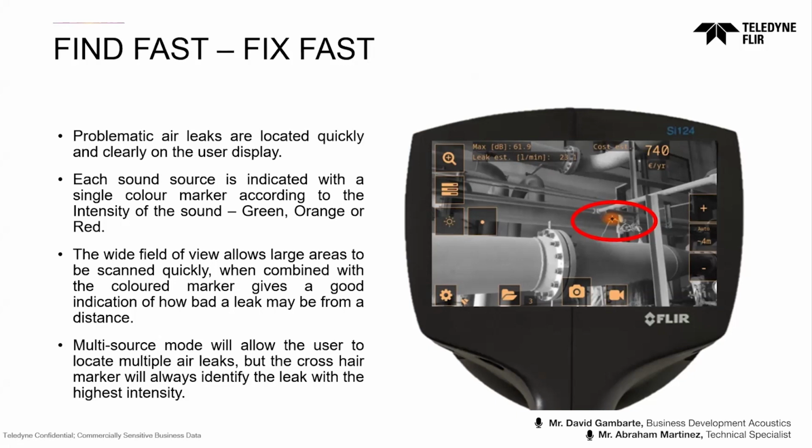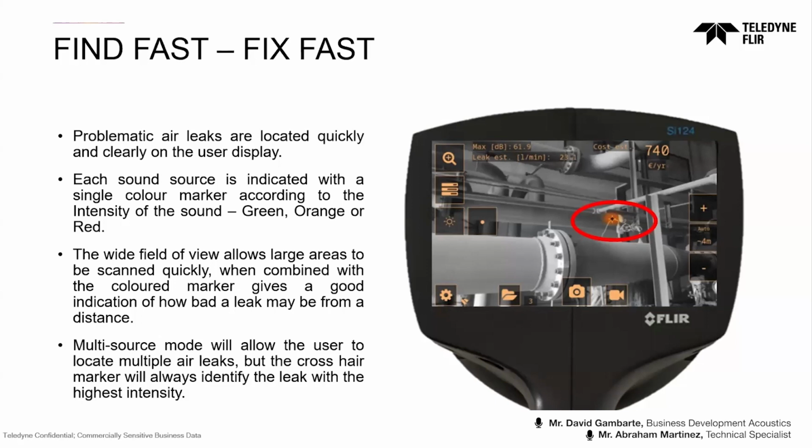The wide field of view allows large areas to be scanned quickly. Basically, you could be walking a few meters, about 4 or 5 meters from the distance you're expecting, and you will be able to do really quick work in those large facilities, using auto tag for it.